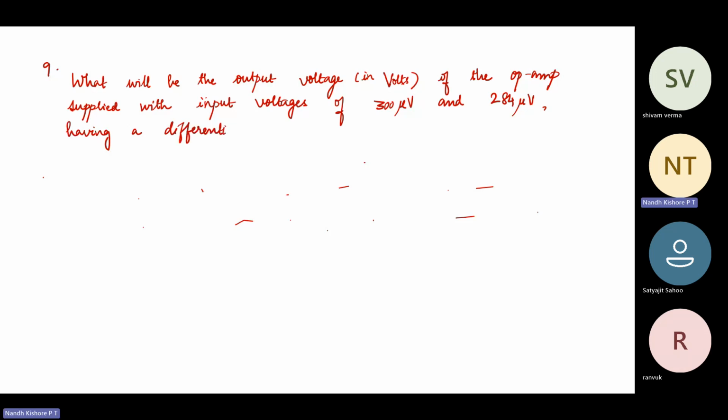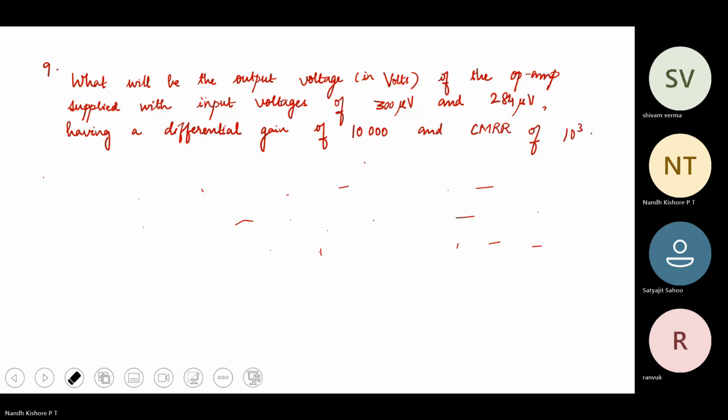having a differential gain of 10,000 and CMRR 10 power 3. All right.